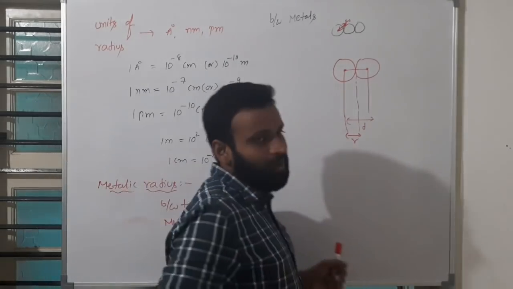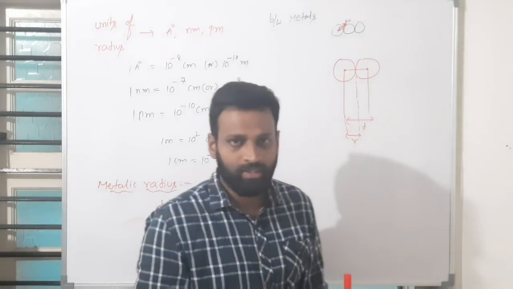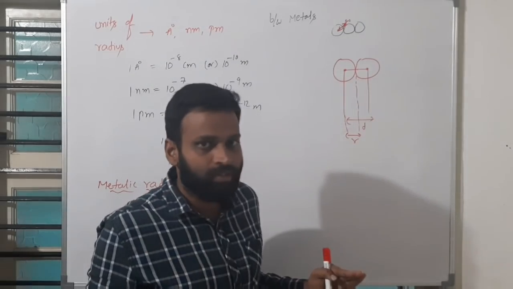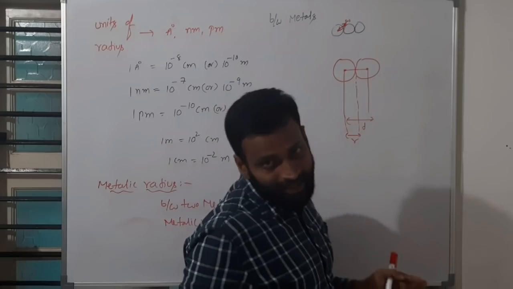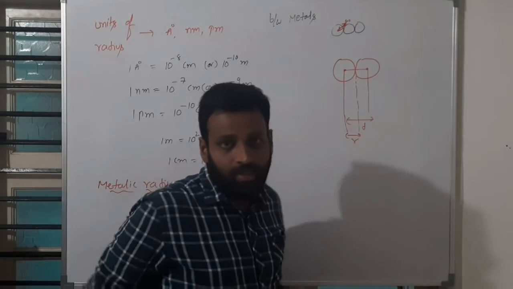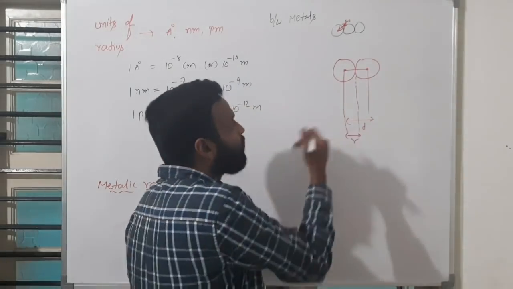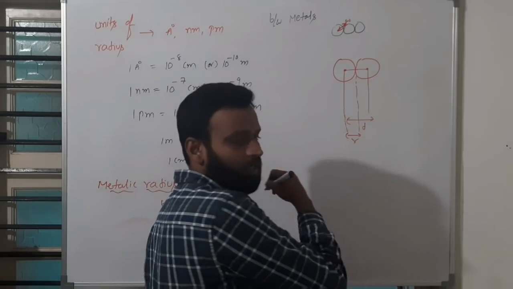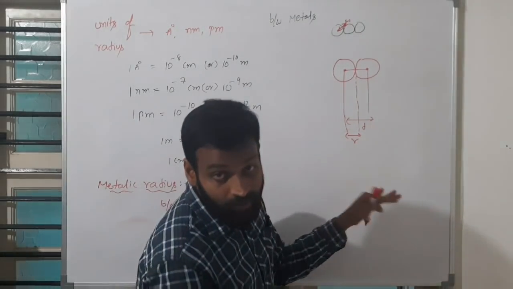So what is metallic radius? Very simple: half of the internuclear distance. Nucleus means you have an idea: the center of an atom is called nucleus. So the distance between two nuclei is called internuclear distance, and half of it is called radius. Covalent radius is the same, half of the internuclear distance.